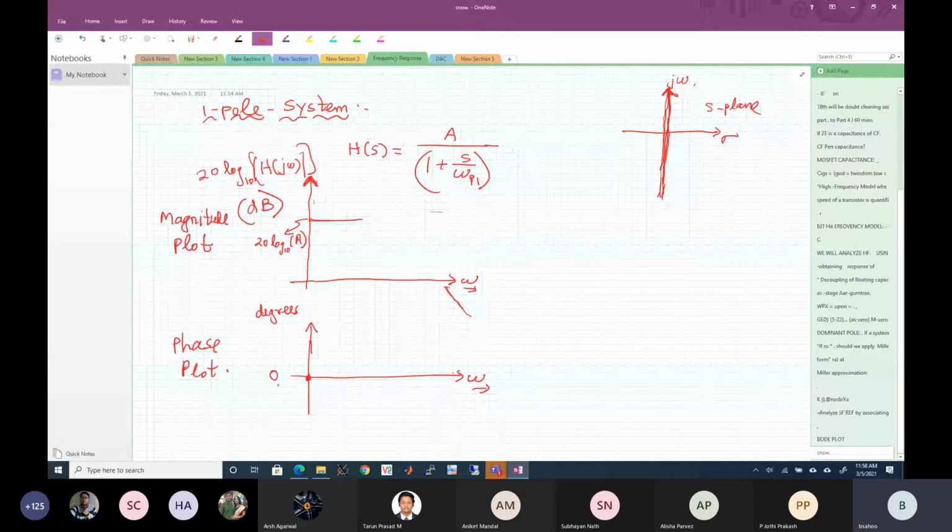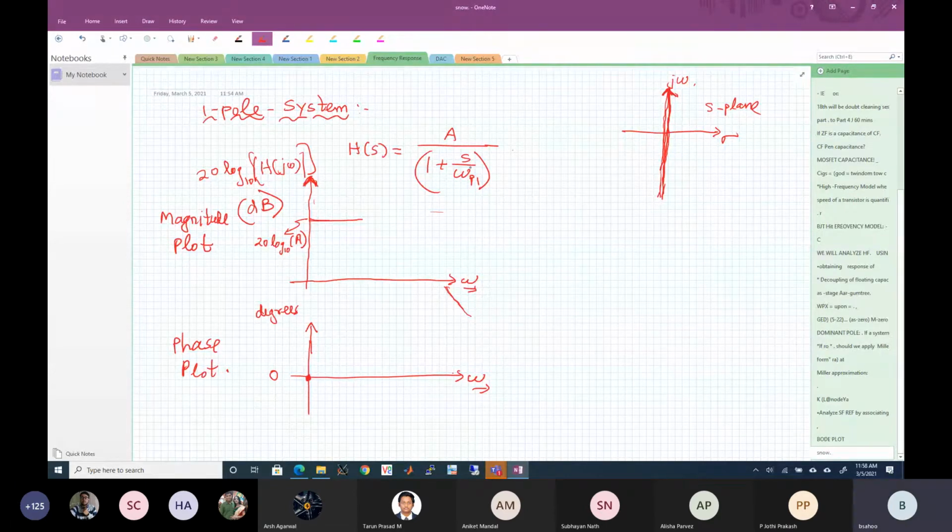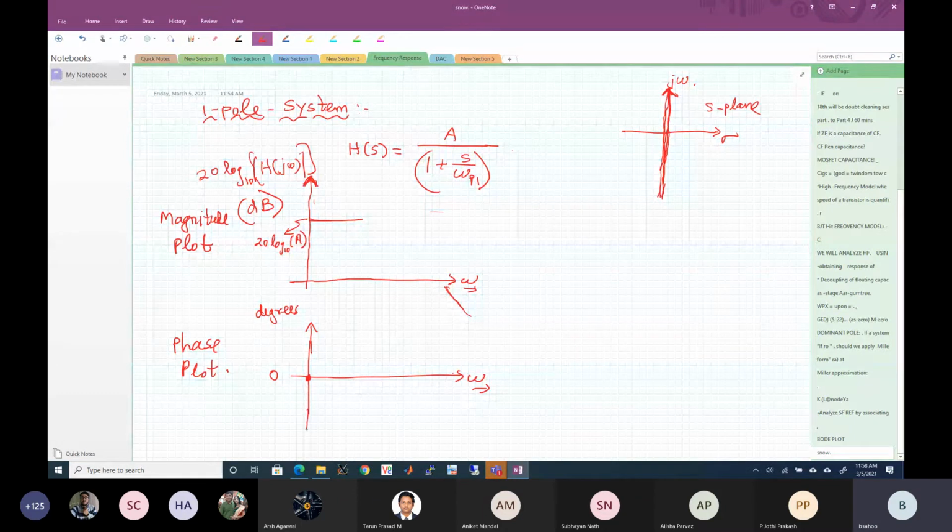And when I put omega equal to infinity, it is the tan inverse of infinity, which is how much? When does tan go to infinity? So what is the phase?